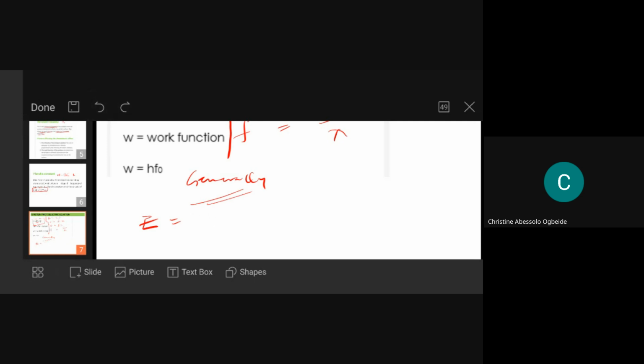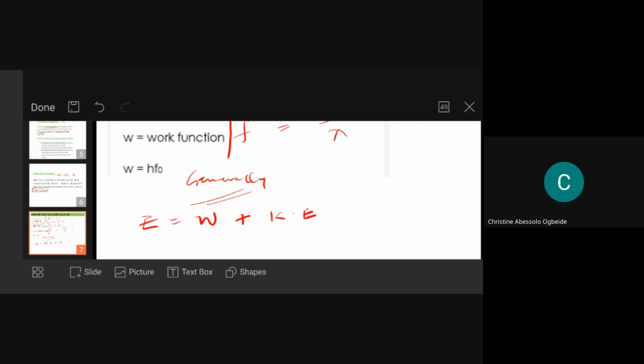W is the work function, and the kinetic energy is the energy with which the electrons are being ejected. Of course, anytime something sustains a motion, the energy responsible for the motion is called kinetic energy. All right. So this is the general equation for the photoelectric effect.